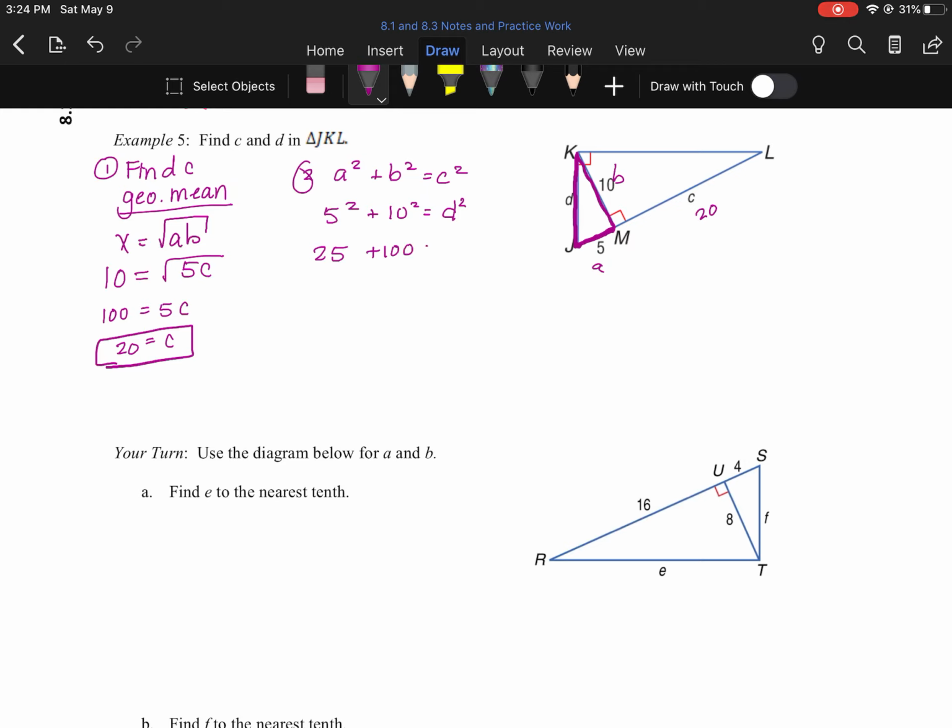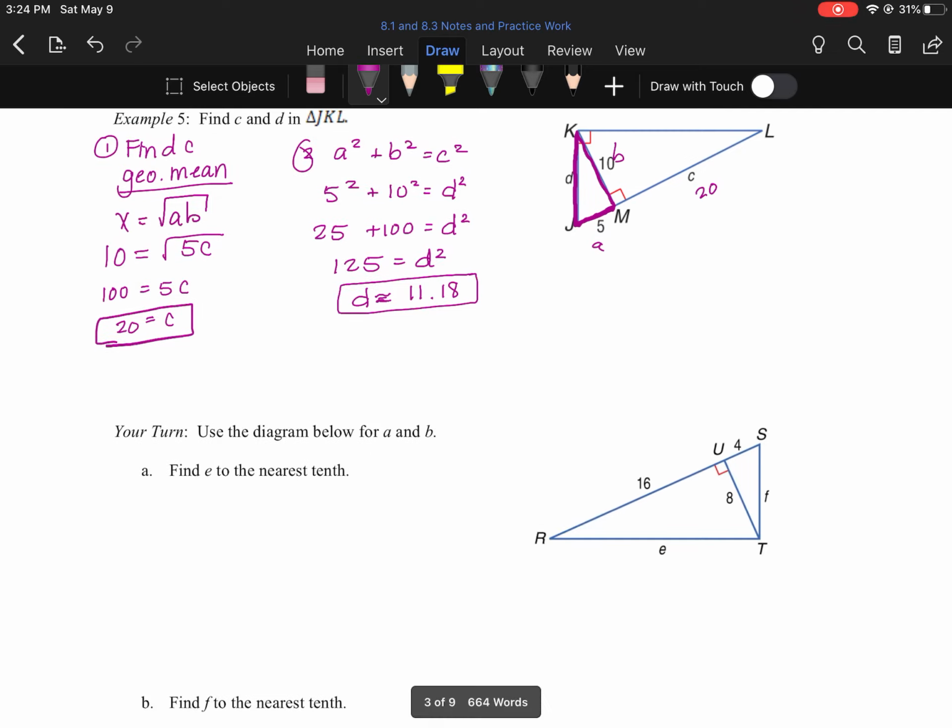So 25 plus 100 is equal to D squared. 125 is equal to D squared. And then if we take the square root of 125, we get approximately 11.18. And there are no units, so we are finished. We found C and D.